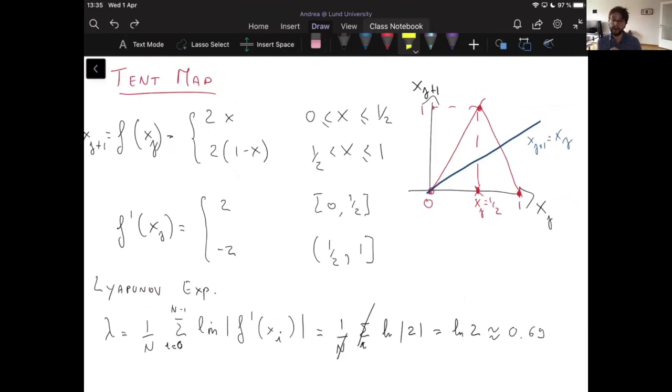So these are two necessary conditions, and together they are sufficient for the definition of chaotic. It's true that not all aperiodic systems are chaotic. Especially, we will see later on that there are regimes which are called quasi-periodic, for example, which are not chaotic at all, are very regular, but are not periodic.